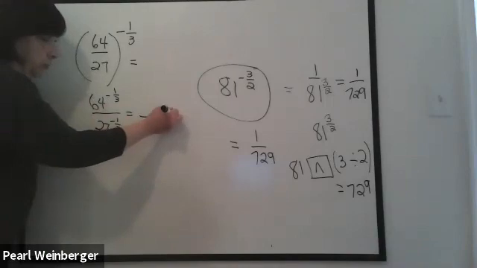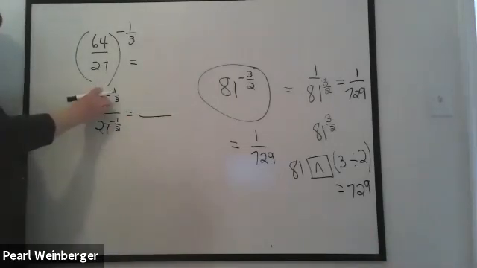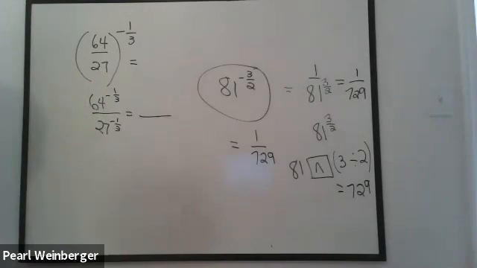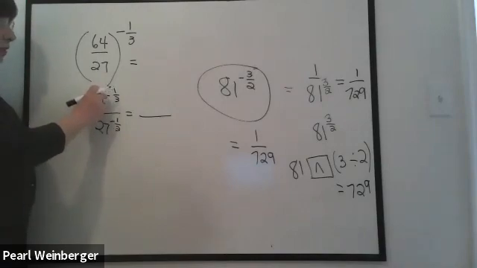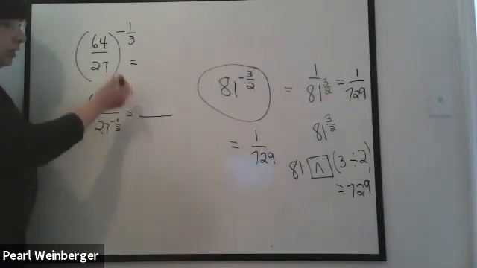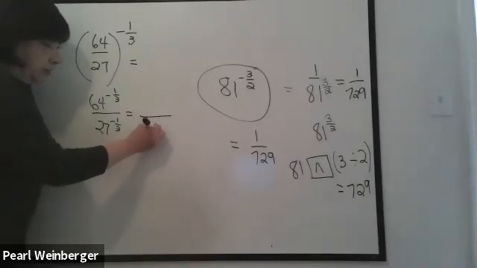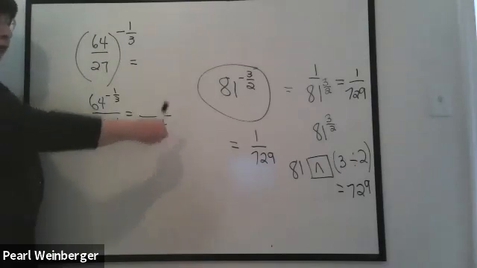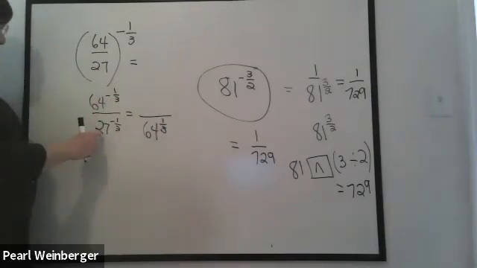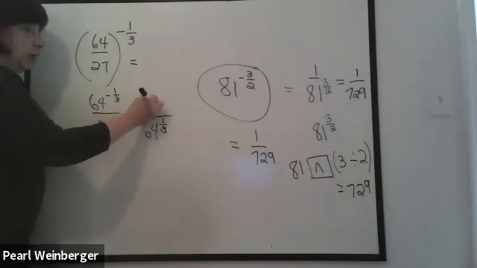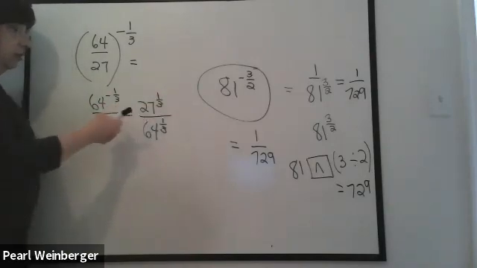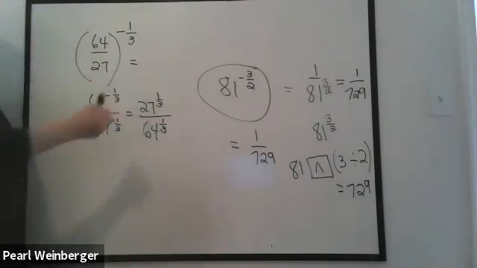I also remember that when I have negative exponents, I'm doing all the regular rules of exponents. A negative exponent tells me to take the reciprocal of a number, which means if it's in the numerator, I put it in the denominator and make the exponent positive. So that'll mean 64 to the 1/3 in the denominator. The 27 to the negative 1/3, that's in the denominator. Since its exponent is negative, it's going to have to come up to the numerator. In other words, I've basically taken the reciprocal.